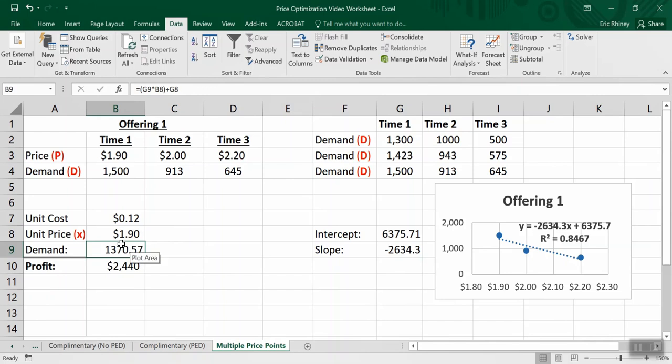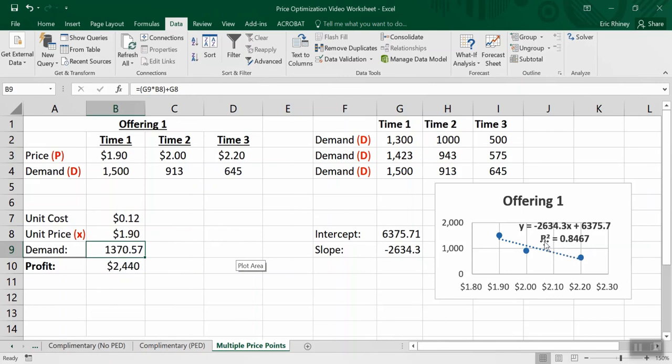So we're getting further and further away from what actually occurred, which means as we use this to estimate our demand and come up with our maximum profit based off of our optimum price, this is going to be a little bit further off.